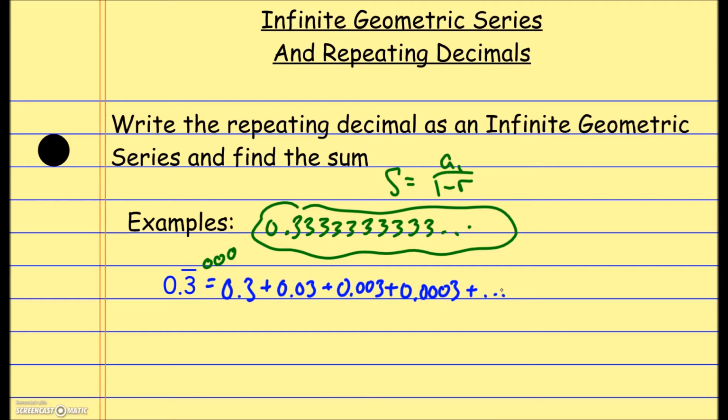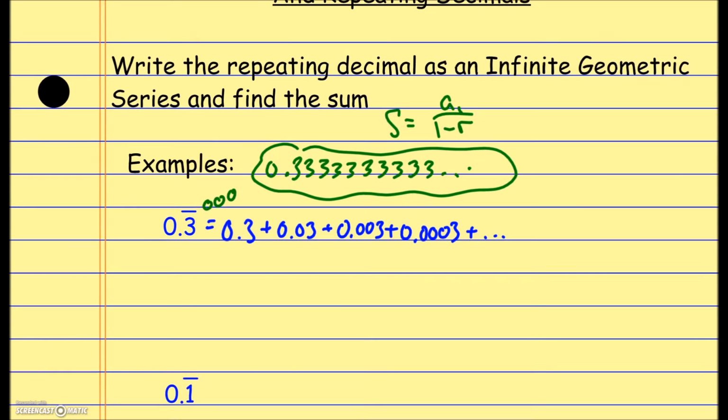So this is now written as a series, and it's an infinite geometric series because, one, it never ends, it keeps going forever, and two, it's geometric because of the pattern to get from one term to the next. We are dividing by 10 each time, and if we're dividing by 10 each time, we know that's geometric.